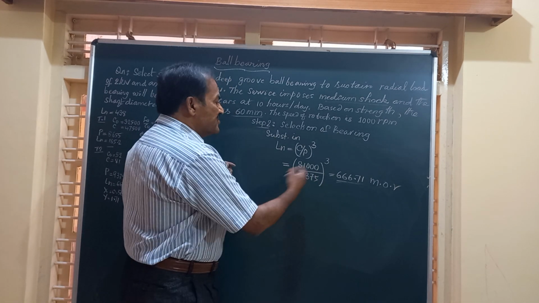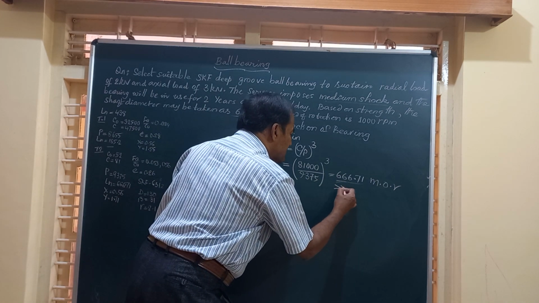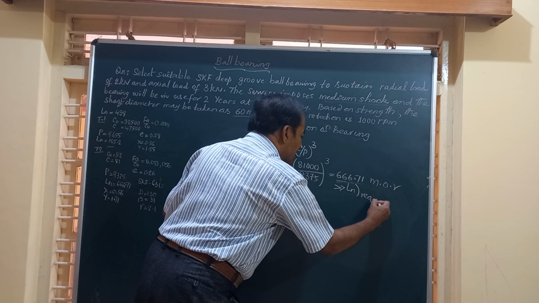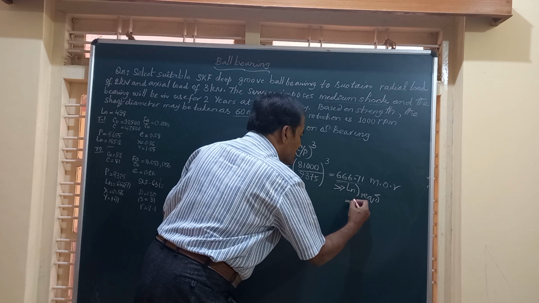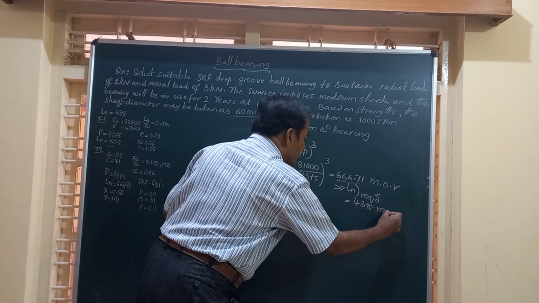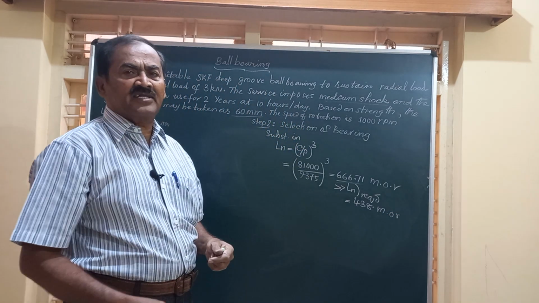And hence, friends, you can make a comment. This is so many MR, which is far greater than the Ln required, that is calculated in the first step, which is equal to 438 millions of revolutions.